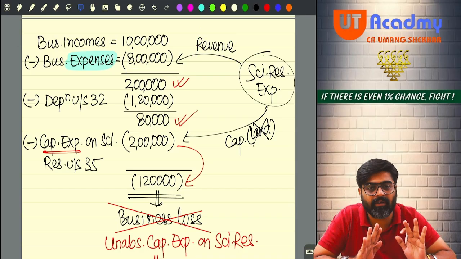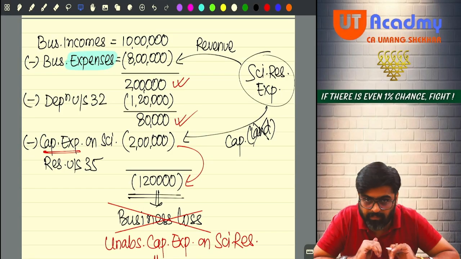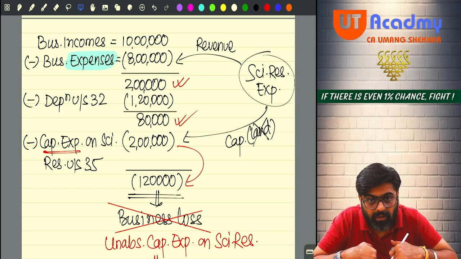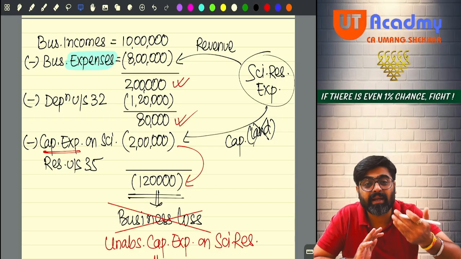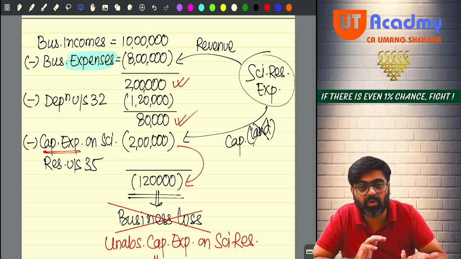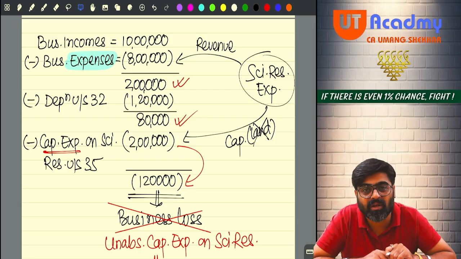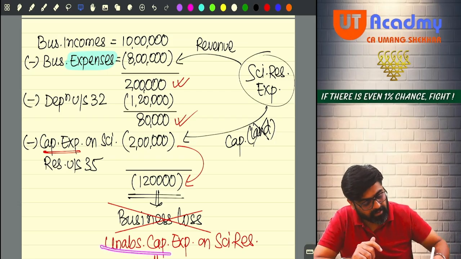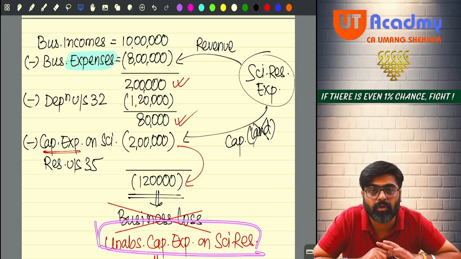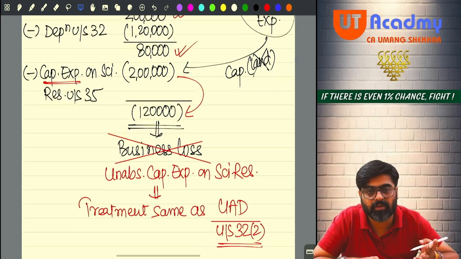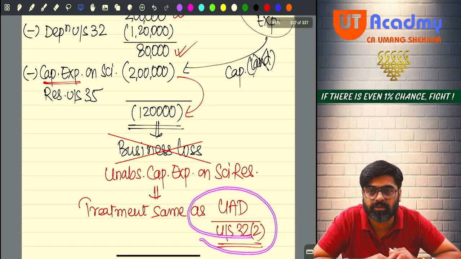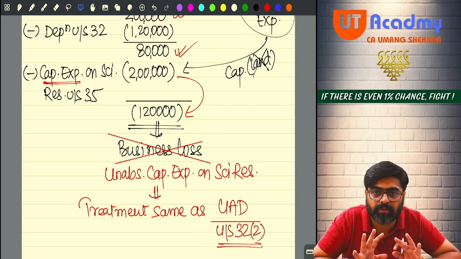But after claiming revenue expenditure, you claim depreciation, then you claim capital expenditure on scientific research. But if the current year's profits are not sufficient to absorb capital expenditure of current year, whatever capital expenditure will remain, that will be known as unabsorbed capital expenditure on scientific research. The treatment will be same as that of unabsorbed depreciation. Will you remember this much?